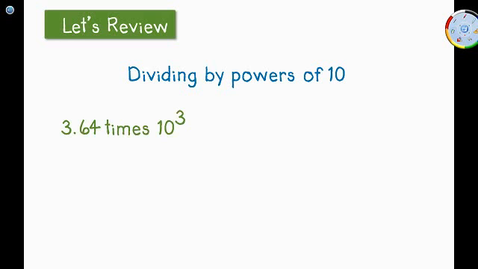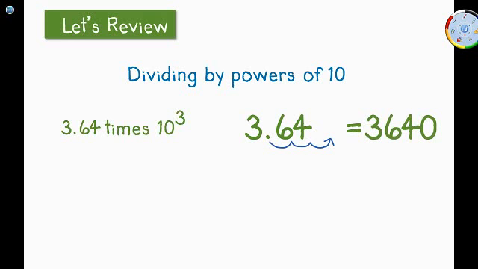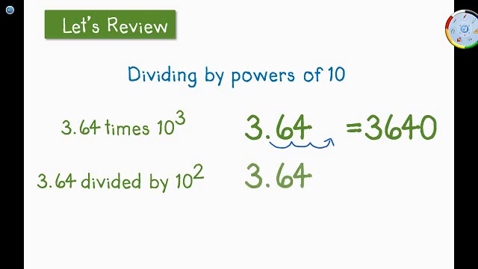Let's review some more of what we know about dividing by powers of 10, because this is key when we're writing small numbers. So if I have the number 3.64 and I multiply it by 10 to the 3rd, like we just saw, we're moving that decimal to the right 3 positions, and we end up with 3,640. But when I do 3.64 divided by 10 squared, or 10 to the power of 2, I'm going to do something different with that decimal.